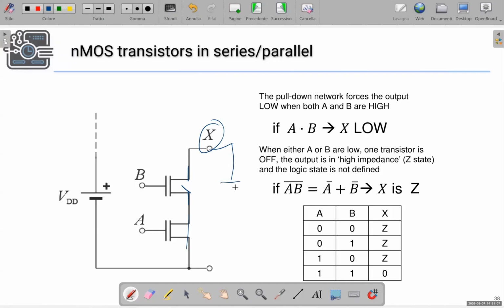What we have is a small capacitance at the output, and immediately after we go into this state, called the high impedance state, the current in this capacitance is zero, and so the voltage across this capacitance remains the one of the previous state.